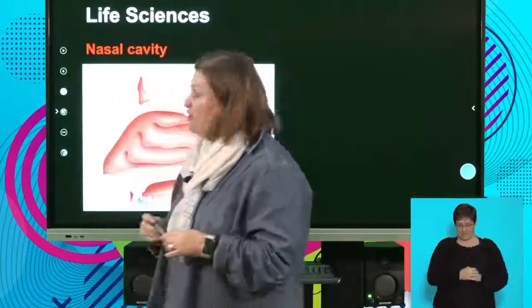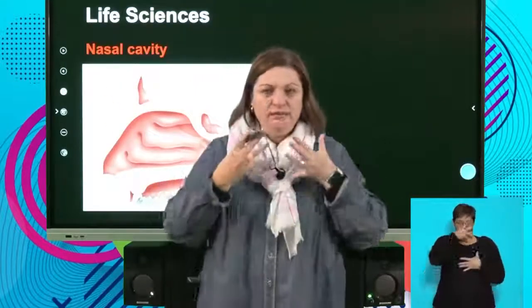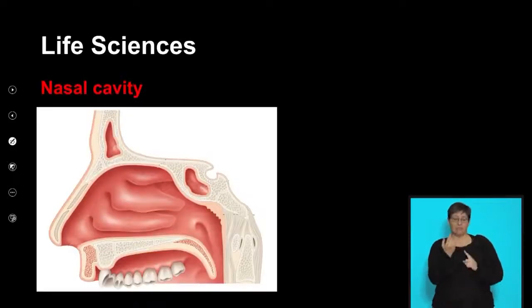So we're going to start off first. When you breathe in, air has to go through the nose. Everybody's like, why? I'm going to show you. Why must air go in through the nose? I'm going to draw these little scary things. These are hairs. The nose has all these little hairs, and why do we have hairs?